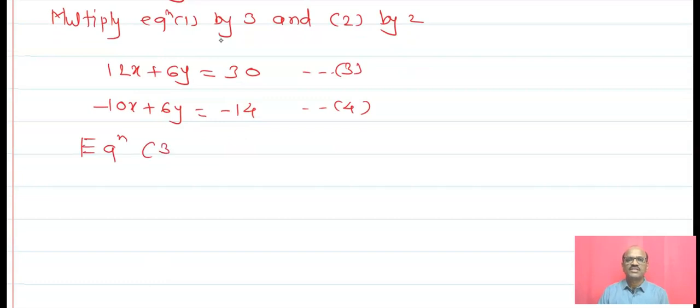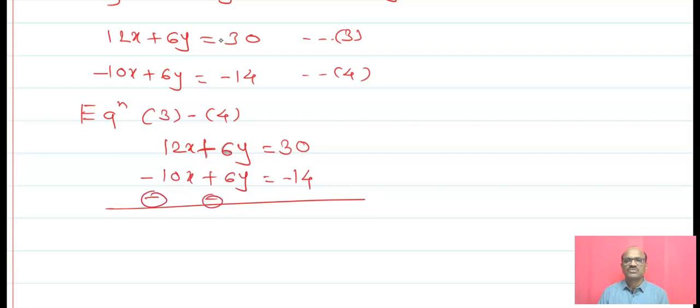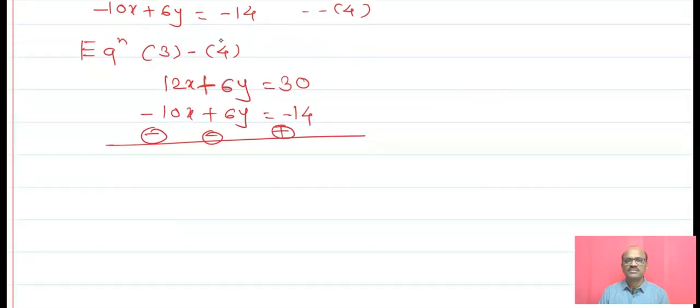Now equation 3 minus equation 4, that is 12x plus 6y is equal to 30, and minus 10x plus 6y is equal to minus 14.